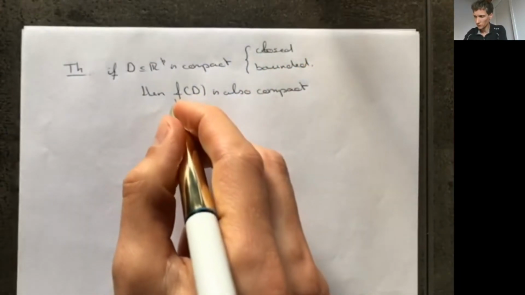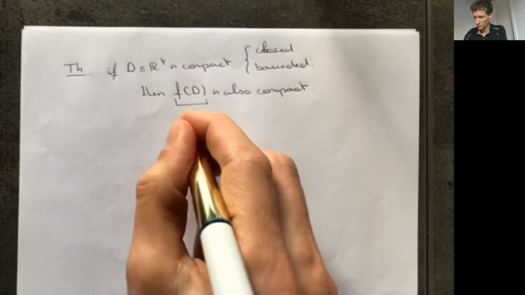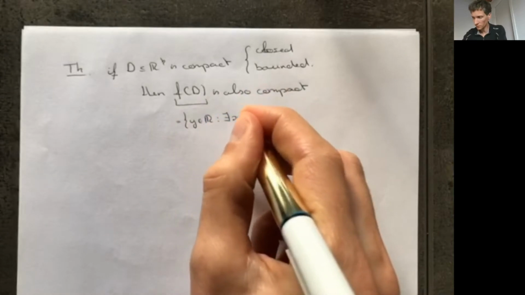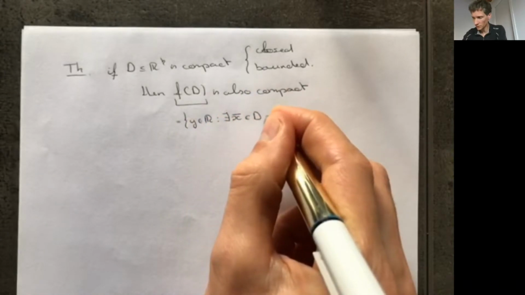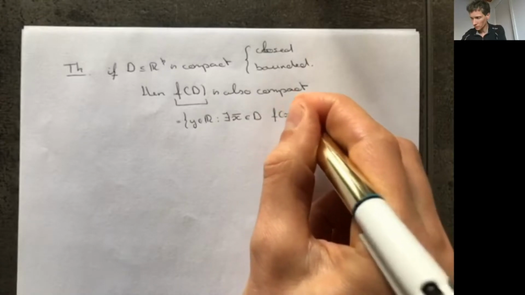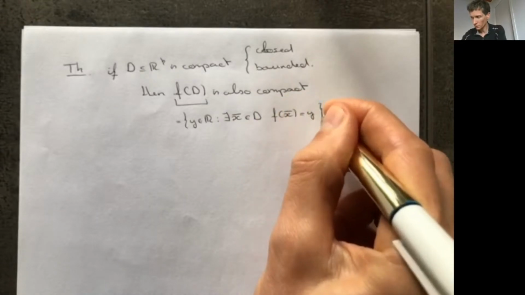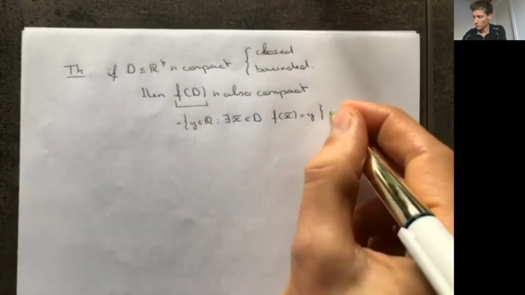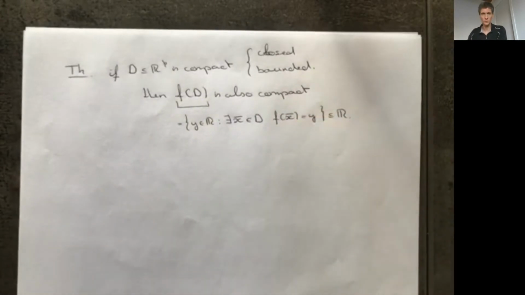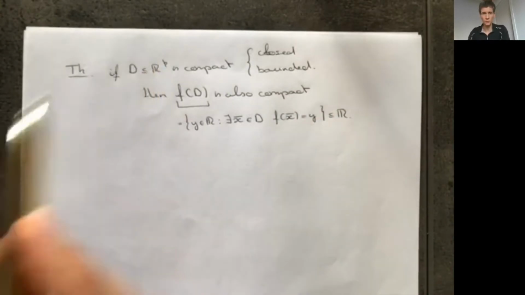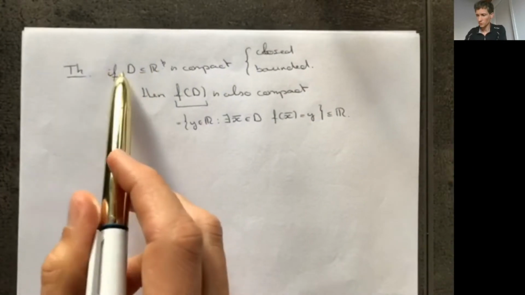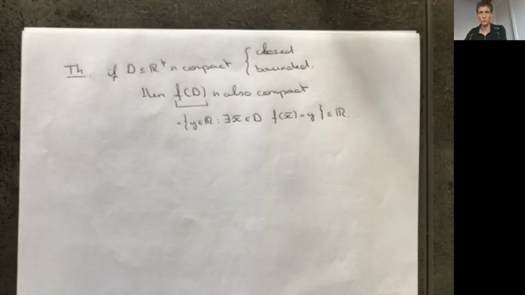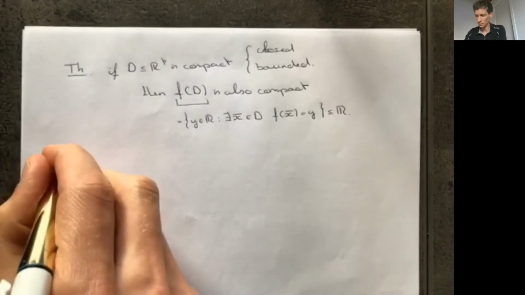Here f of D is all the values y in R such that there exists a vector x in D such that f of x is equal to y. So these are all the values that the function can take over the domain D. And observe that this is a subset of R, since f goes from Rk to R. This theorem says that if the domain is compact, then this range of values is also going to be compact.